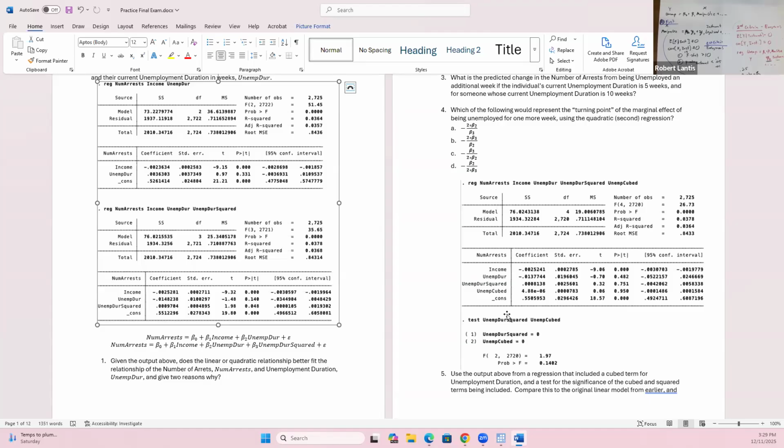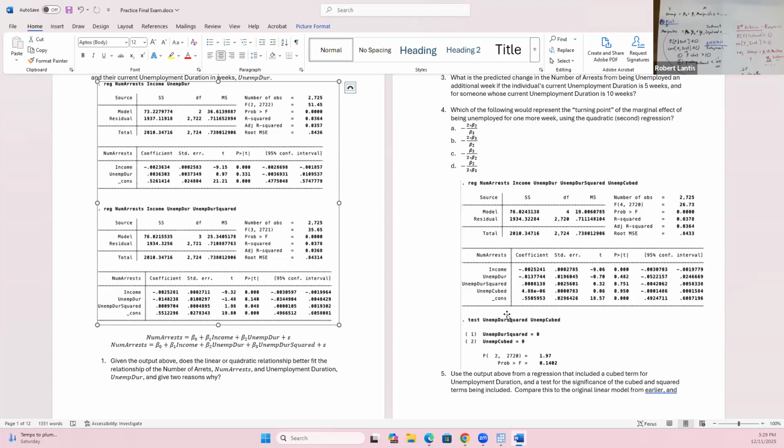And another interesting thing to point out: if I include a cube term when I shouldn't be, what can happen? This is why I don't want to rely on the individual statistical significance of the squared term and the cube term on their own. When comparing to the linear model, I want to use this joint significance test, because when I include the cube term, what did it do to the statistical significance of my squared term?